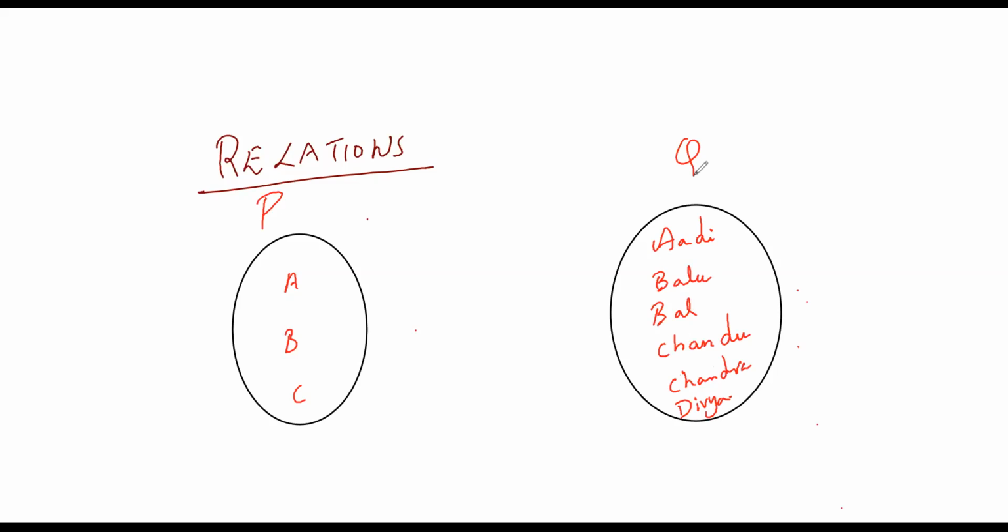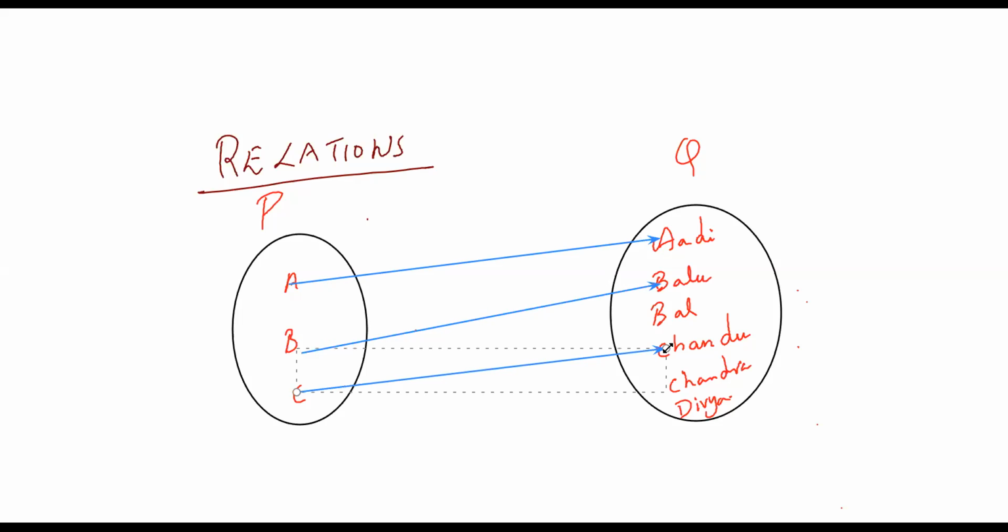We can see two figures here. Correct? We are going to obtain a relation between the first figure and the second figure. For that, I'm going to mark something now. A I am marking to Adi, B I will mark to Balu, C I will mark to Chandu. So these three things I'm just doing, to make sure there is a relationship between them.